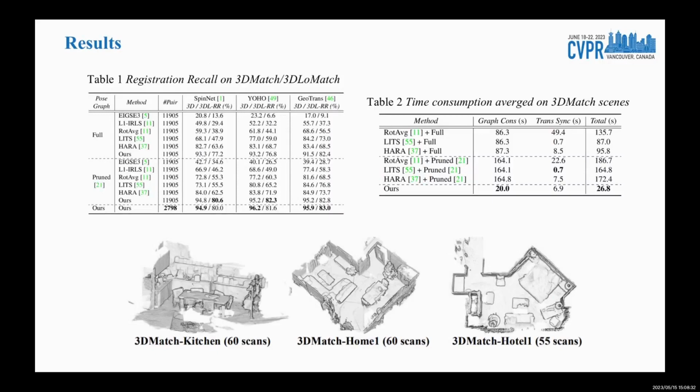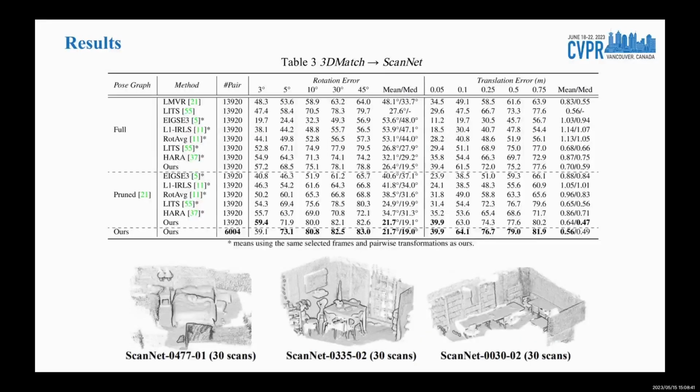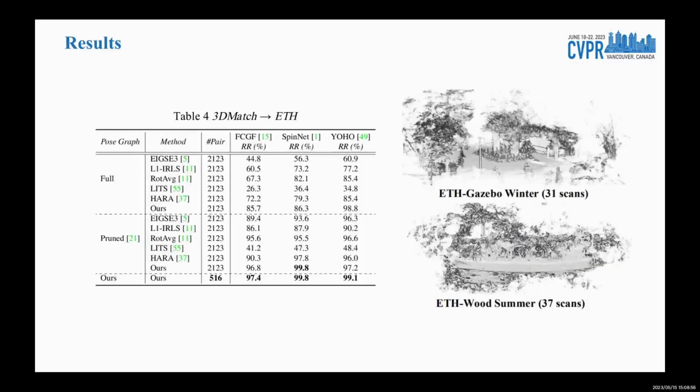Moreover, SGHR achieved a speed improvement of 61 to 160 seconds in each 3DMatch scene, benefiting from the proposed sparse pose graph construction. When generalized to the ScanNet dataset, SGHR achieved lower rotation and translation errors by 12.8% and 13.8%, respectively, using only 40% of pairwise registrations. Furthermore, SGHR achieved a registration recall of 99.8% on the outdoor dataset ETH, demonstrating its strong generalization ability.